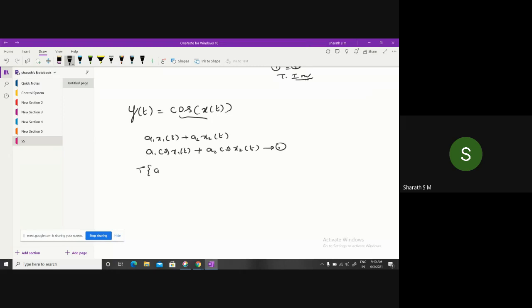If we apply a1 x1 of t plus a2 x2 of t to the system, the whole is acting as the input, that is cos of a1 x1 of t plus a2 x2 of t. Once we compare equations 1 and 2, both are not equal. So the given system is non-linear.